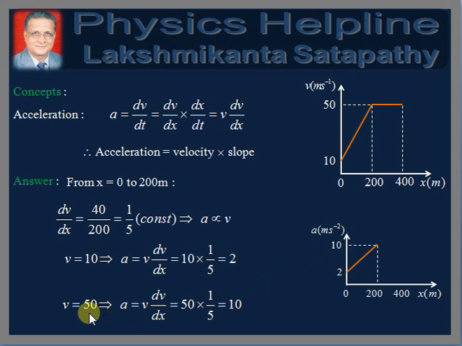When v is equal to 50 meters per second, acceleration a will be equal to 50 into 1 by 5, which will be equal to 10 meters per second square, which is marked in the figure here. Therefore, the shape of the acceleration displacement graph between the interval x is equal to 0 to 200 meters will be like this.